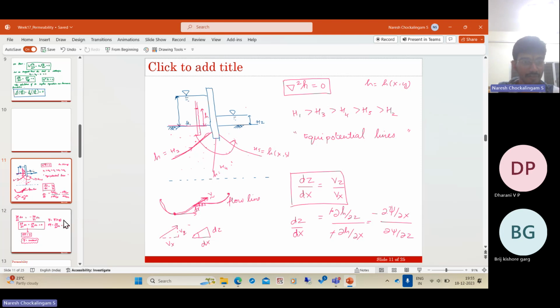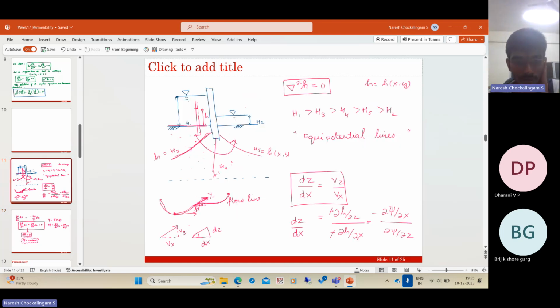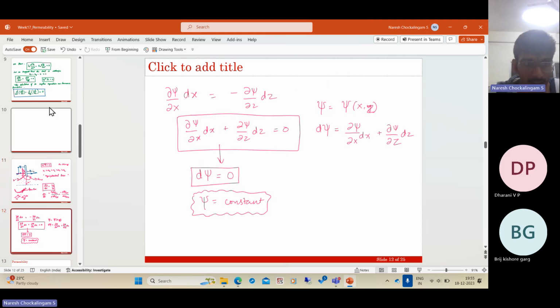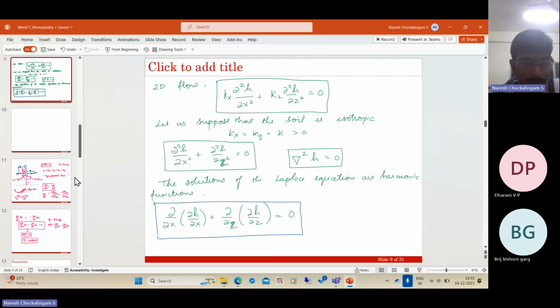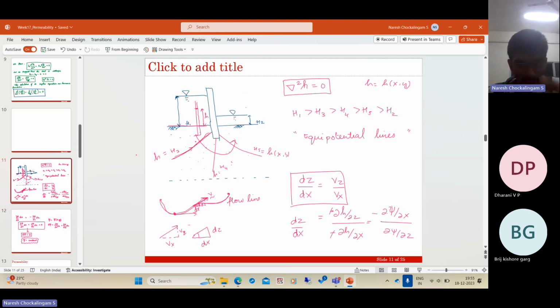So it is a scalar function of two variables. Now, if you define the discharge velocity as the gradient of h, there is this constant of proportionality kx. Assuming isotropy and all, you have this kx ∂h/∂x. So you're deriving the velocity by Darcy's law.